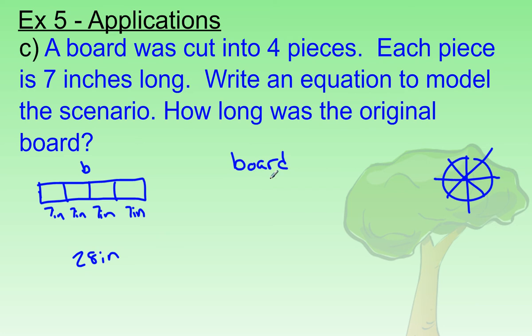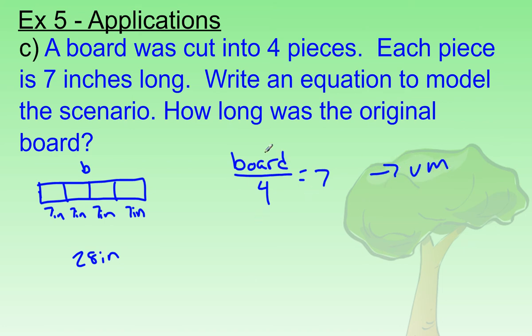So my board, I divided into 4 pieces. And the result of that, after I took my board and divided it into 4 pieces, I got pieces that were 7 inches long. And this would be my verbal model.